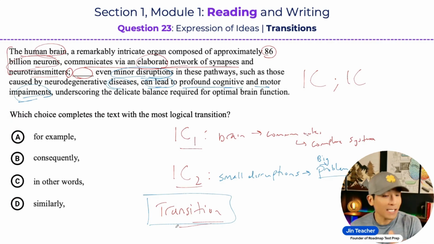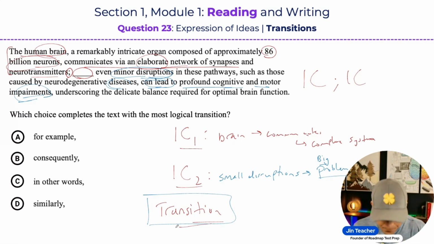Okay, so that's another powerful way to answer transition questions. You don't always have to know with 100% certainty what the exact relationship is between independent clause 1 and independent clause 2. But if you know what the relationship is not, you can still get the correct answer.